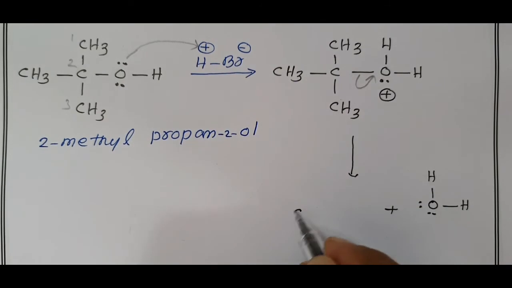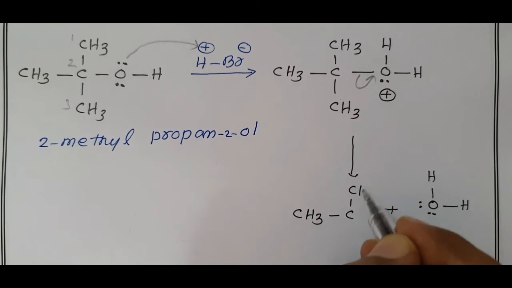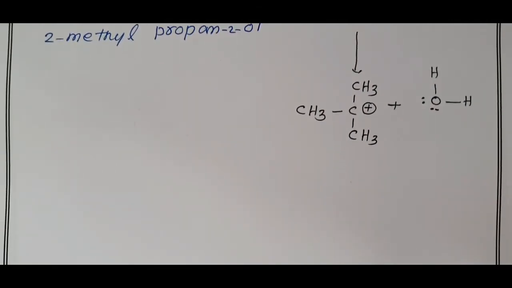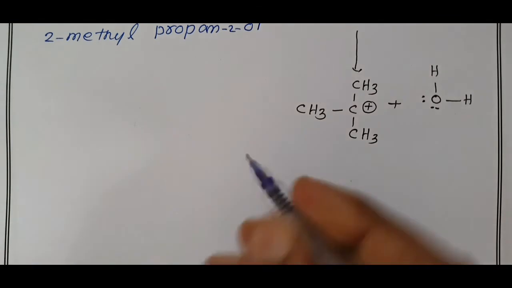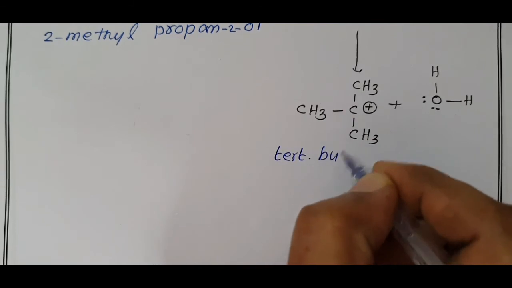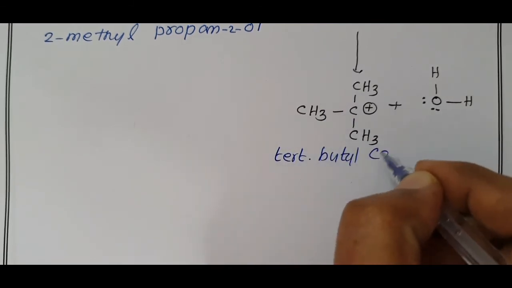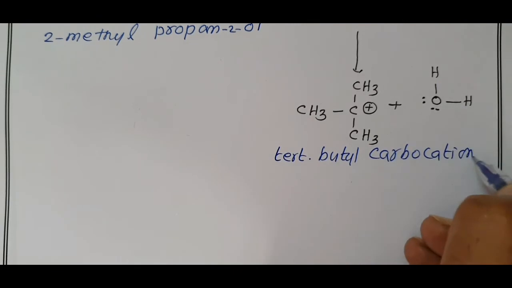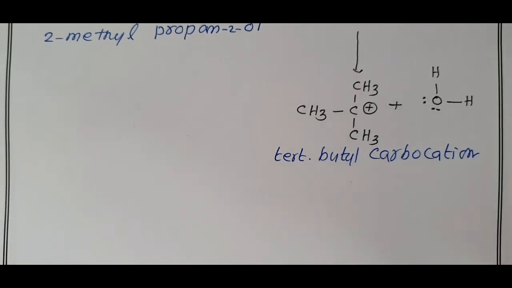Carbon lost its electron, therefore CH3, C, CH3, CH3, the charge on carbon becomes plus. So this is the first step in which a tertiary butyl carbocation is formed. This is your tertiary butyl carbocation. Nothing but the center atom is sp2 hybridized.